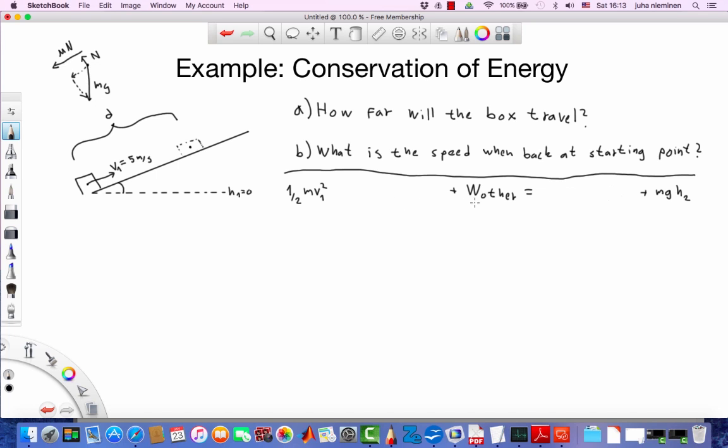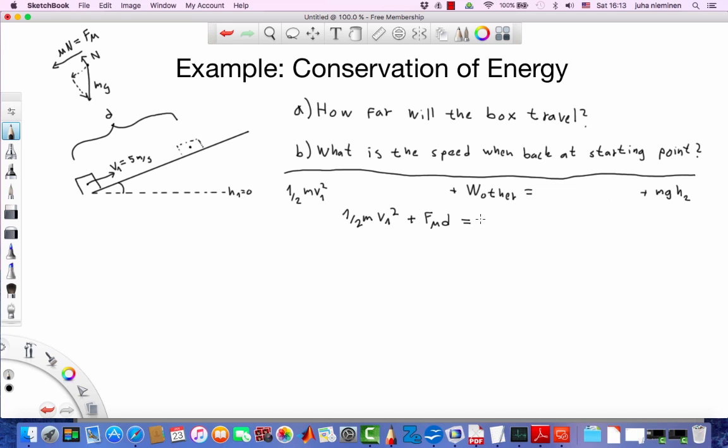And so what is the work done by the friction? Let's call this F mu. It is the force times distance, so if we write this out again, it's going to be F mu times the distance it covers, d.